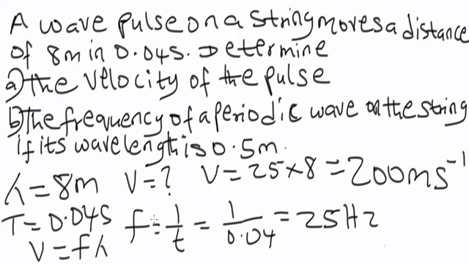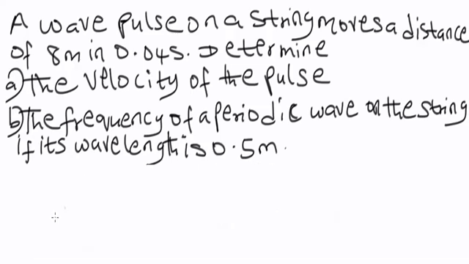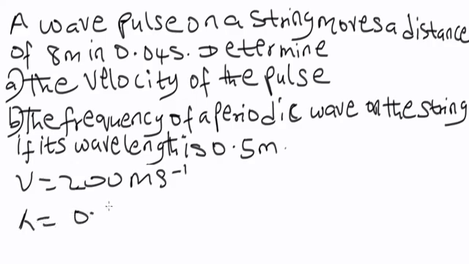Now let's wipe below and solve the B part of it. This time around we are looking for the frequency, and remember we have got the velocity to be 200 meter per second, and in this question too we have the wavelength, that's the lambda, to be 0.5 meter, and the frequency is unknown. So we still make use of this formula, V equals frequency times lambda.